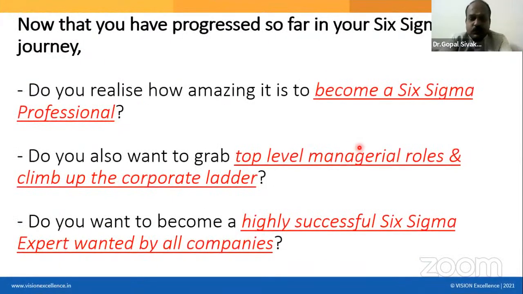So now that you have progressed so far, you have learned a lot of principles. You got a good exposure to how Lean evolved and how Six Sigma evolved from big brands like Toyota and Motorola, right? Do you now realize how amazing it is to become a Six Sigma professional? Because Six Sigma really worked well for some of the premium brands, and so it is a proven success model which can definitely work in any company.